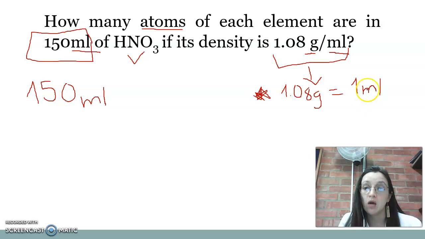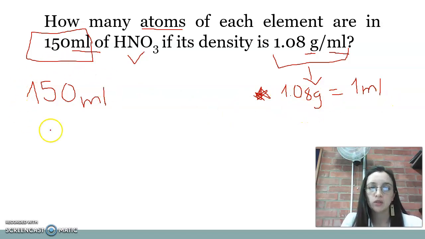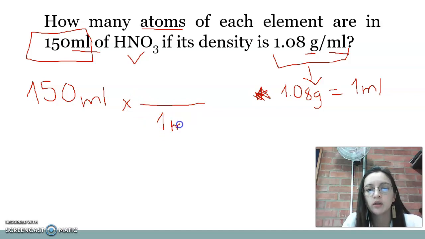Because you were saying, okay, if 1 milliliter has a mass of 1.08 grams, how many grams are contained in 150 milliliters? If I am proposing it as a conversion factor, I always start with the first number, which in this case is 150 milliliters. Then I use my conversion factor, which is the density, in this case 1 milliliter.